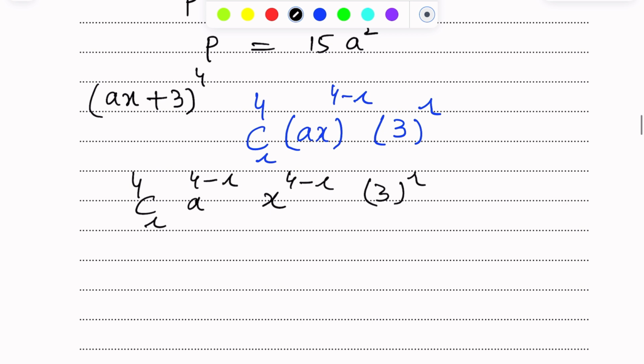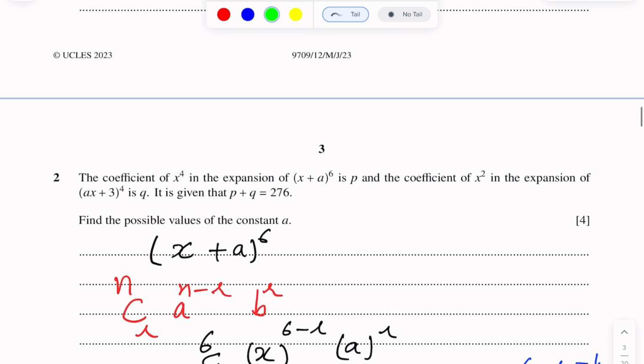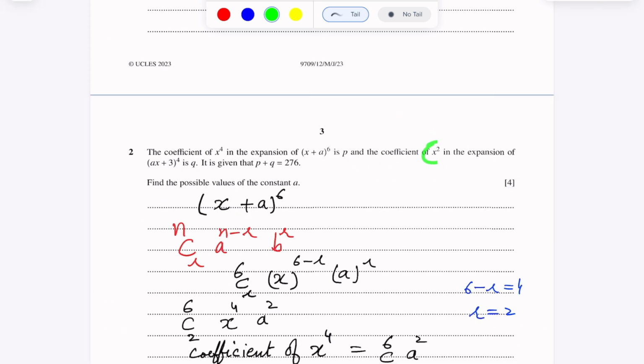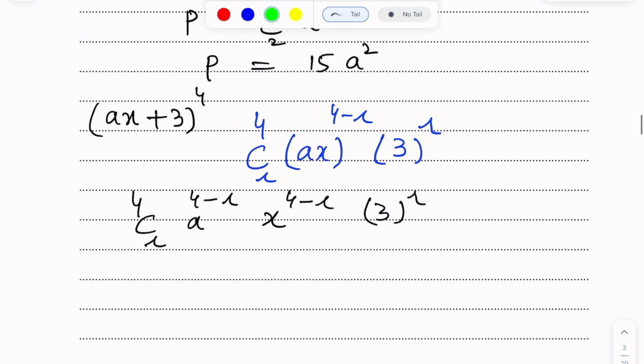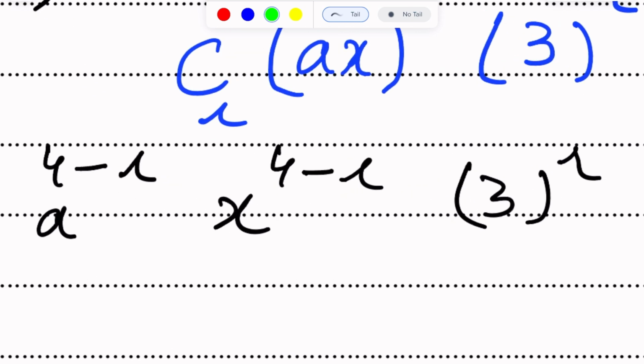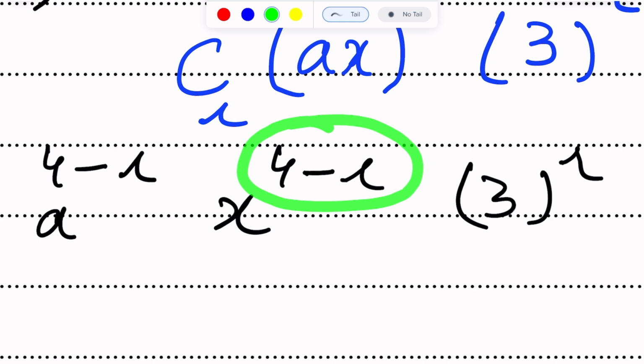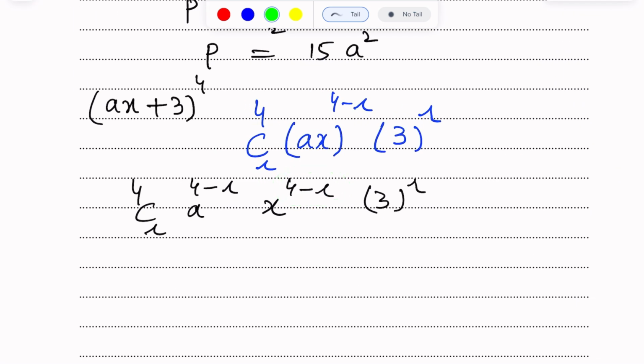Now in this expression the power of x is 4 minus r. We will equate it with x^2. To have x^2, we put 4 minus r is equal to 2.